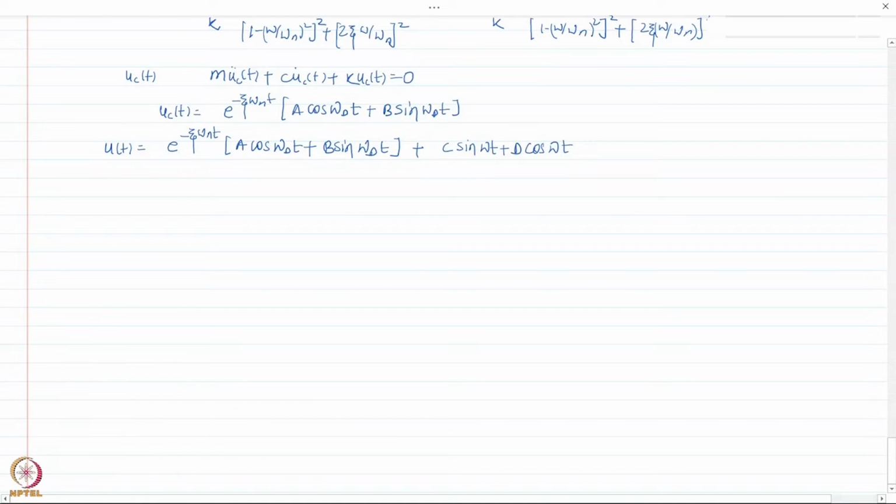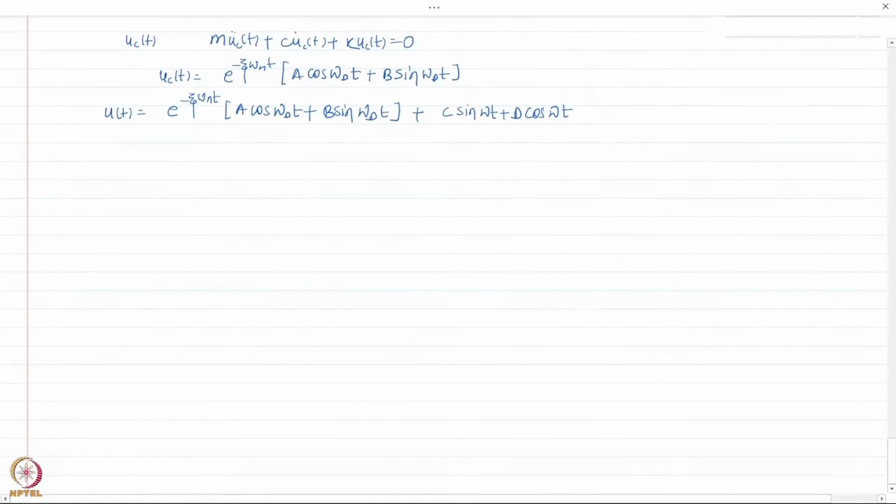What we don't know are the constants A and B, and if the initial conditions, for example u of 0 and velocity u dot of 0, are given to you, then you can substitute in this expression to obtain the constants A and B.